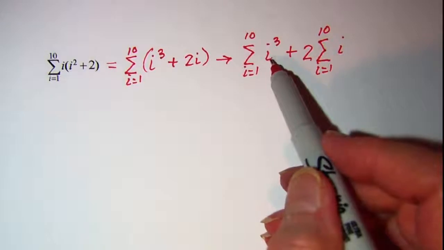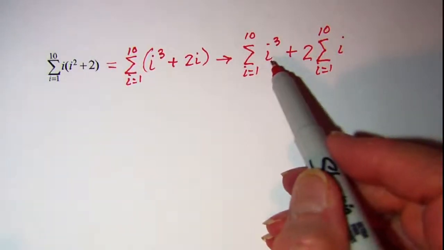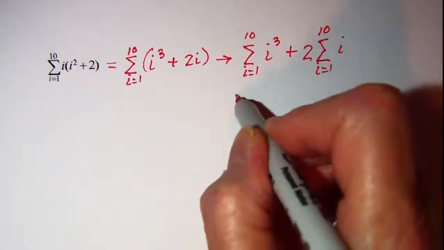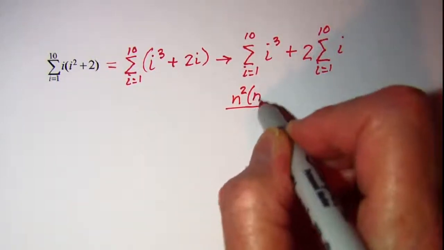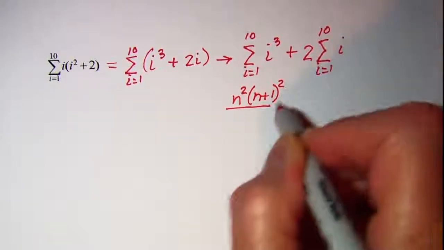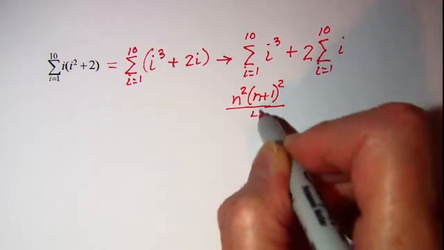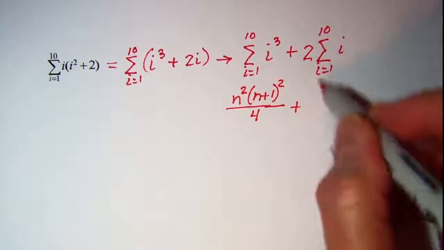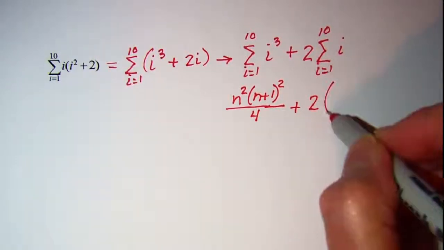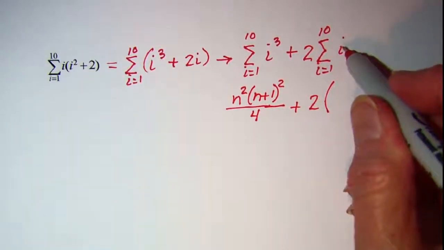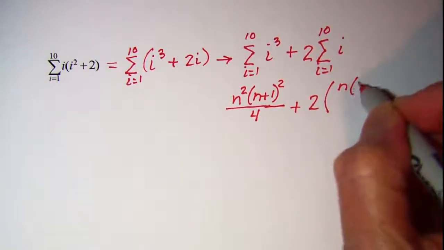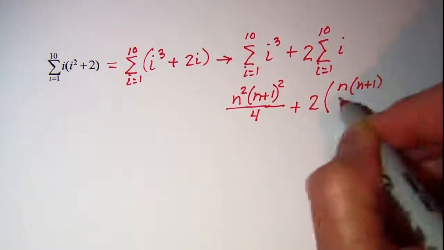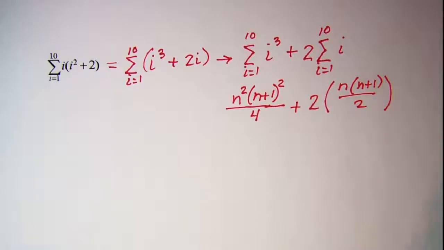Now this is my fourth formula, which, let me just write the formula, n squared times n plus 1 squared over 4. And then here I have 2 times, and then this is my second formula. So I have n times n plus 1 over 2 for that one.